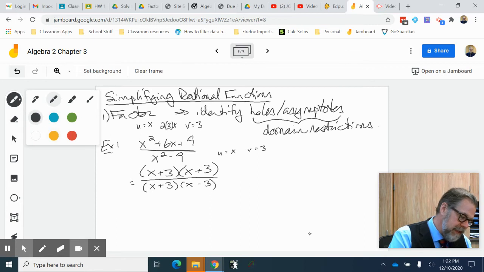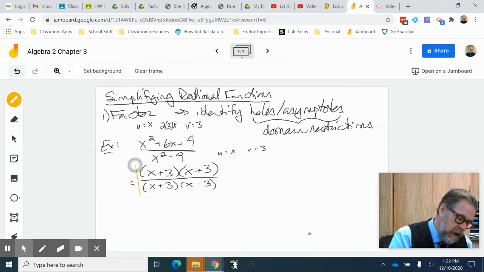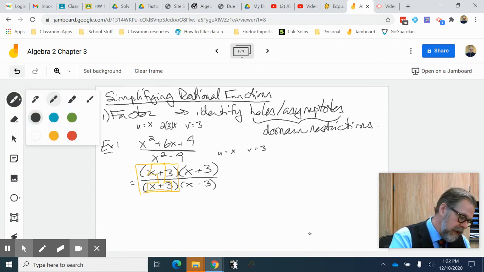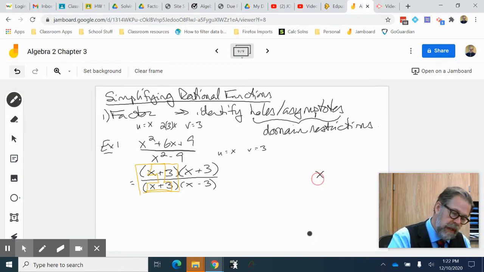First thing I see is that I've got a hole right there. That's equal to 1. Big giant 1. But at this point, so that I don't forget later, I'm going to jot down that x cannot be equal to 3 and x cannot be equal to negative 3.